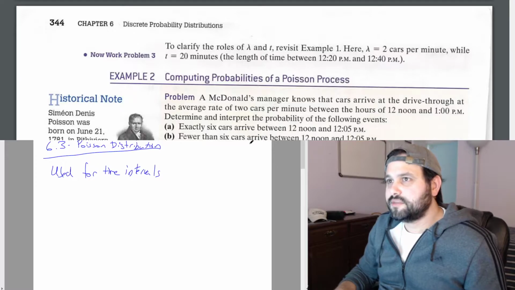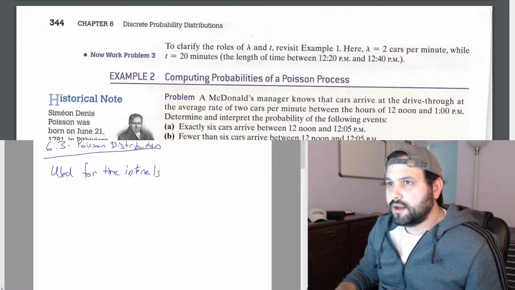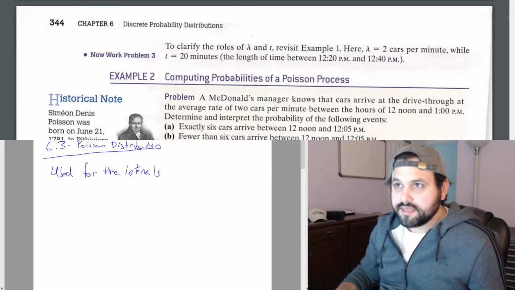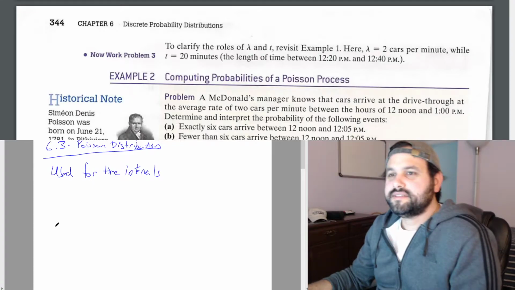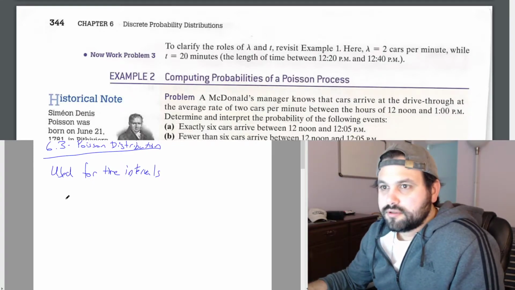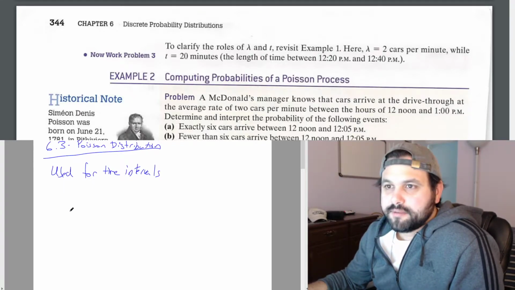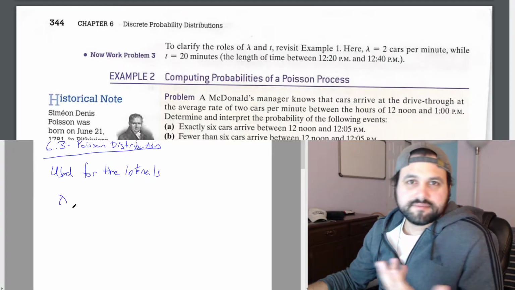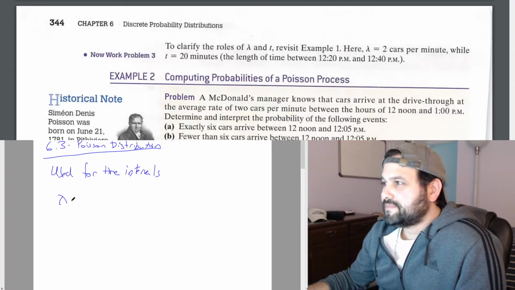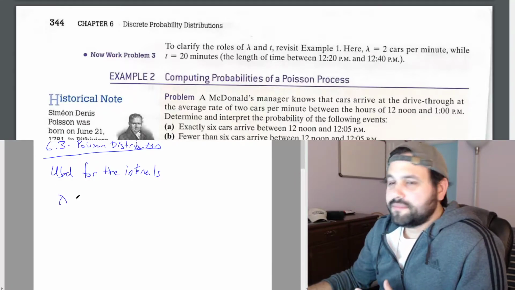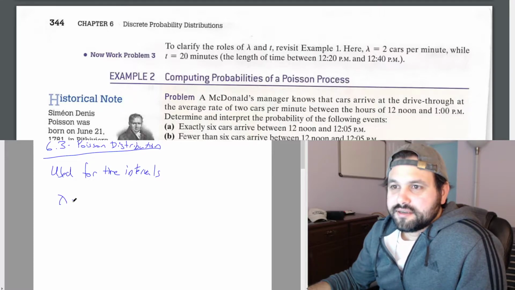The first symbol that I want to talk about is this symbol, which is lambda. That's how I draw it. It's not as good as some people's. So lambda is the given rate.